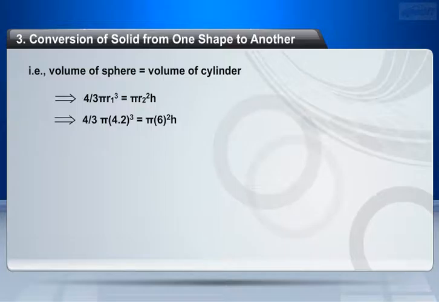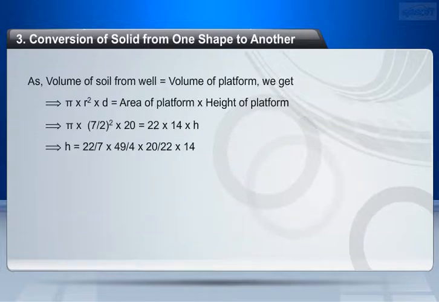Let the height of embankment be h2. As volume of soil dug from well equals volume of soil used to form embankment, this implies that pi into r1 square into h1 equals pi into r2 square minus r1 square into h2. On substituting the values of r1 equals 3 by 2 meters, h1 equals 14 meters, r2 equals 11 by 2 meters, and h2 equals h, we get pi into 3 by 2 square into 14 equals pi into 11 by 2 square minus 3 by 2 square into h.